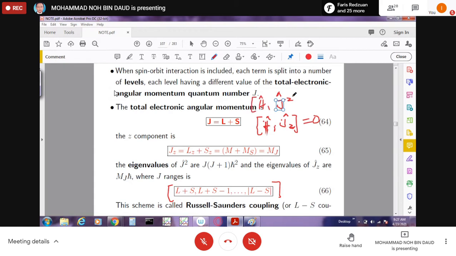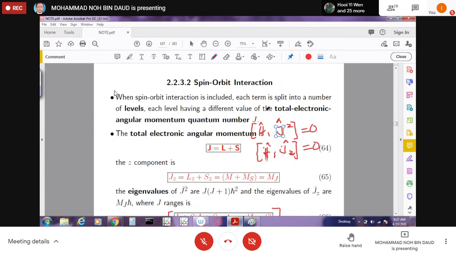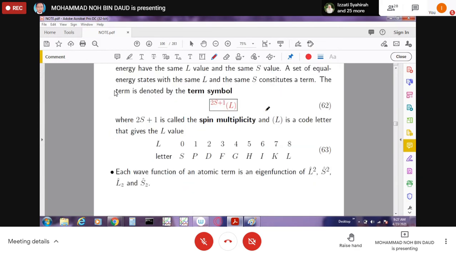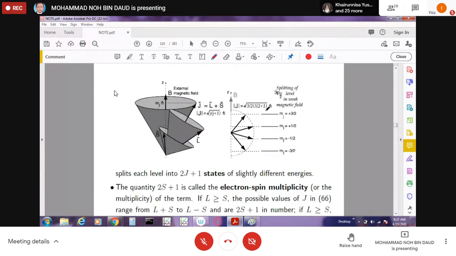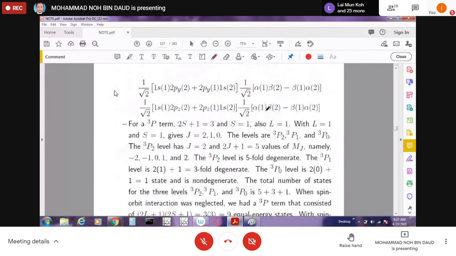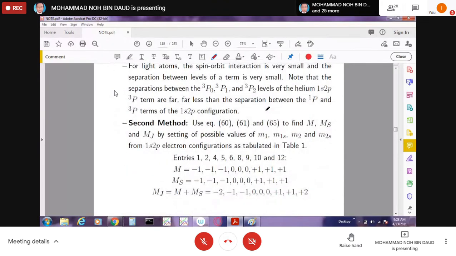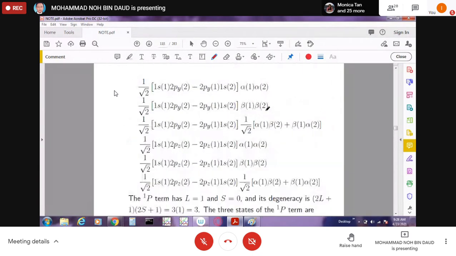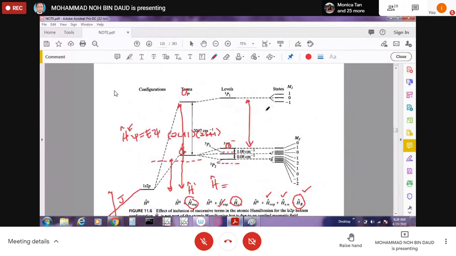In other words, we can determine simultaneously the total angular momentum quantum number with the energy. Now, when we apply this magnetic field, all different J and all different MJ will give different energies.